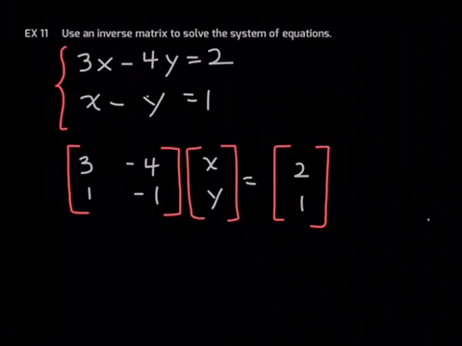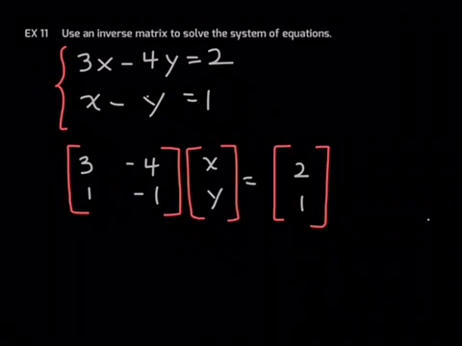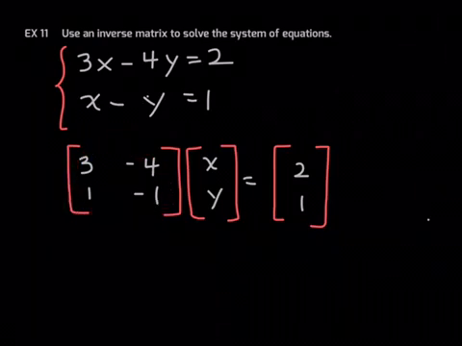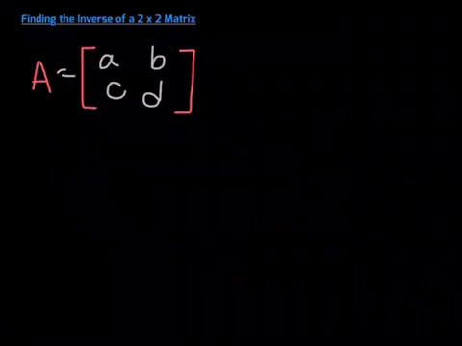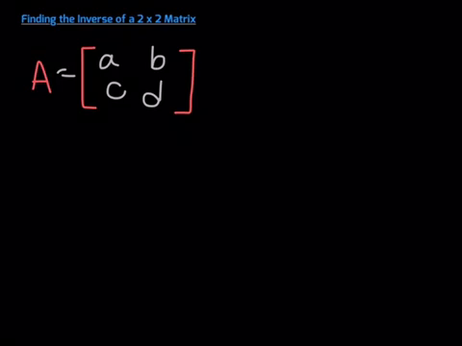Now, let me show you an easy way to get the inverse of a 2 by 2 matrix. Okay, this is a quick way to find the inverse of a 2 by 2 matrix, which is what you and I need for that problem we're working on.